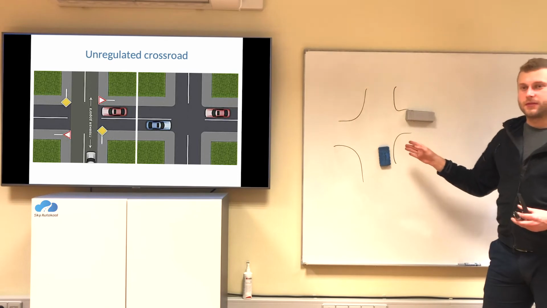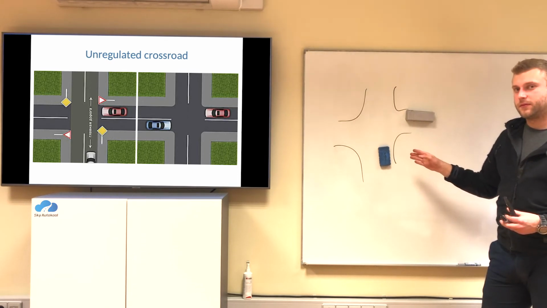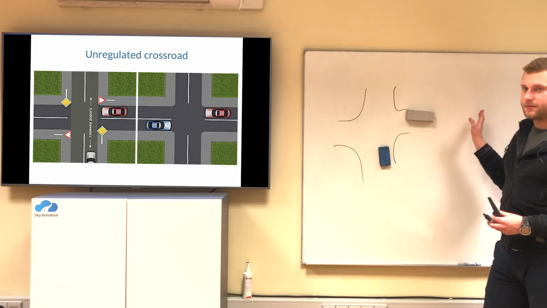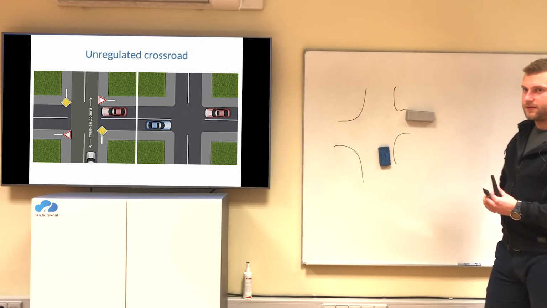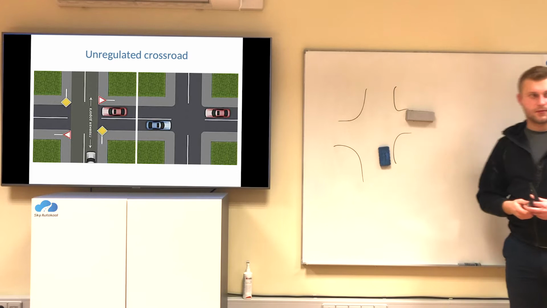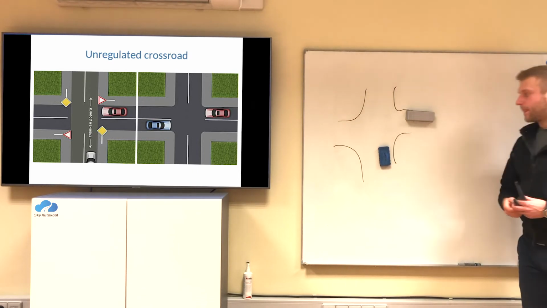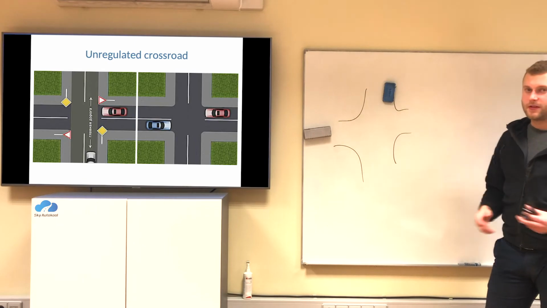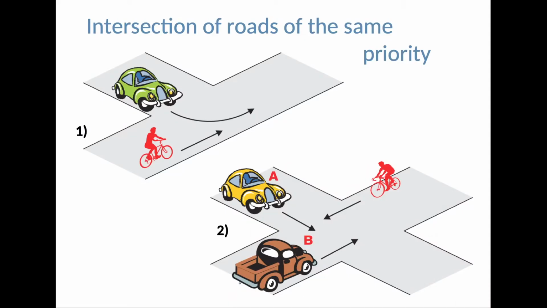I have to give way to this car because this car is on the right-hand side. You understand that? So I give way to him, and then I go. That's it.